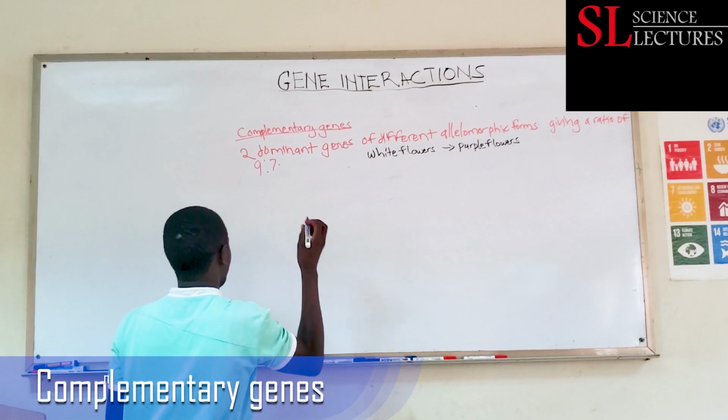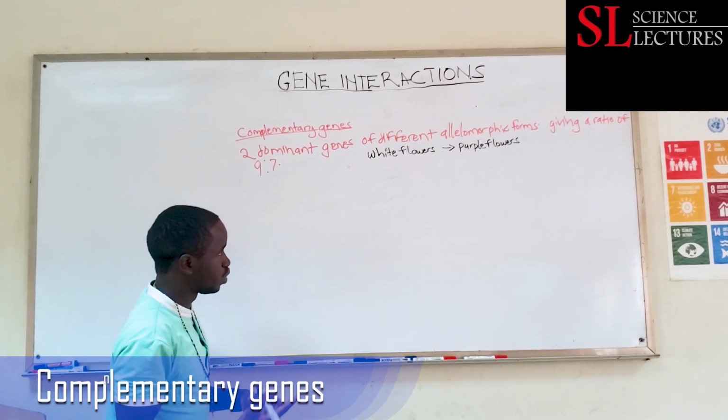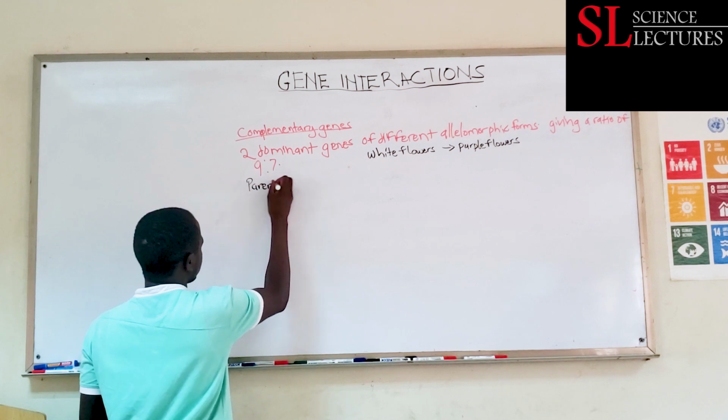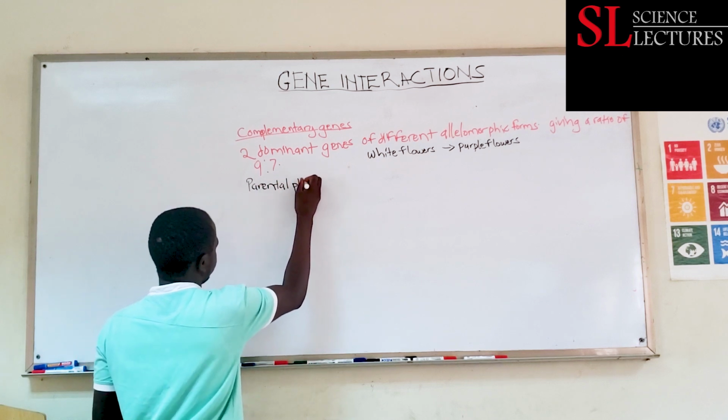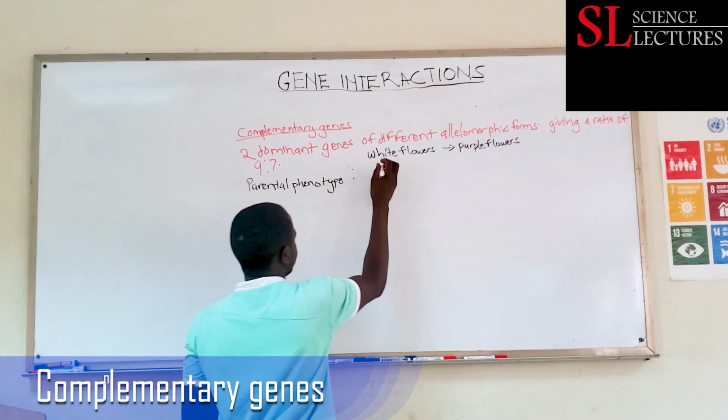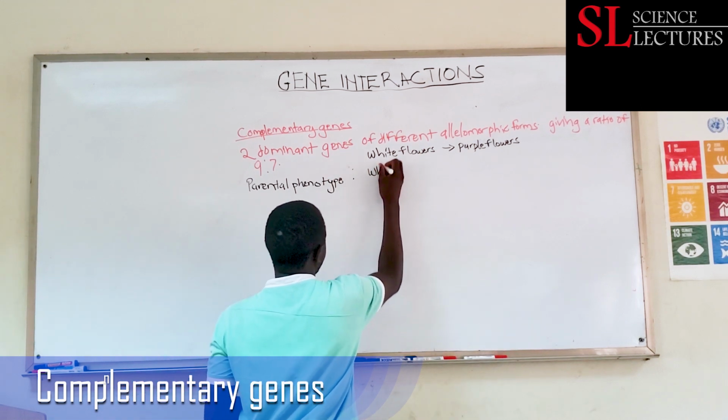So let's do a simple cross. In our process you begin with the parental phenotype. Say they got white flowers.